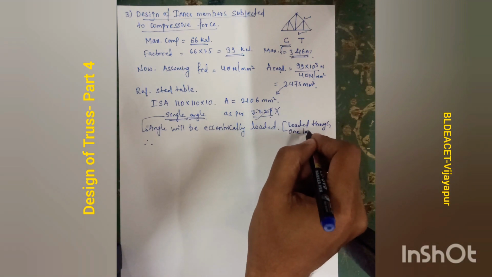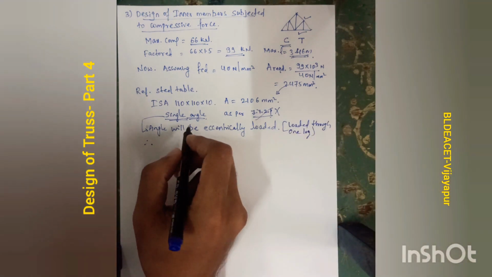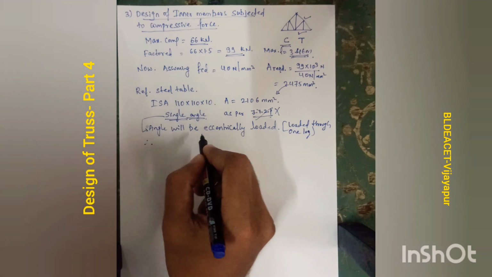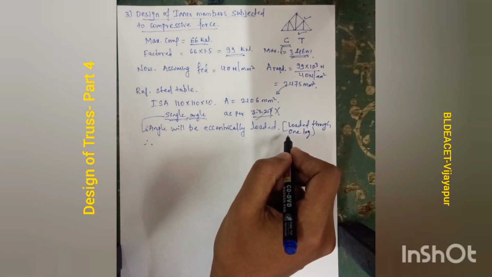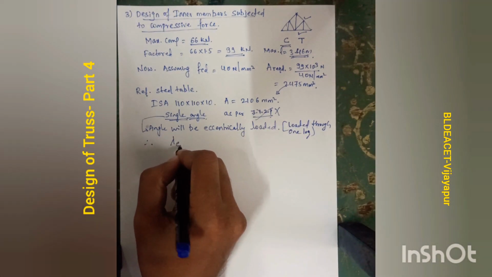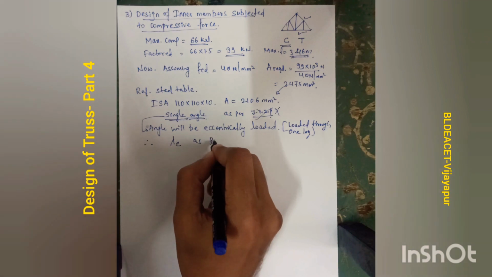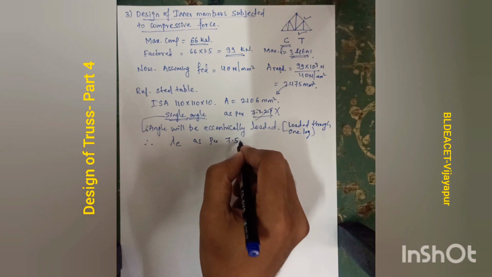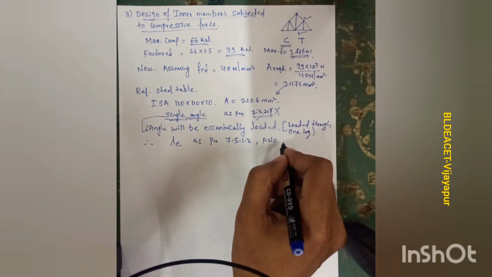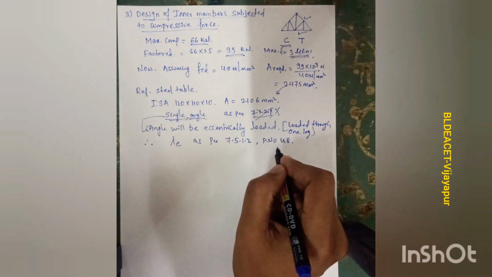In such cases, in case of single angle loaded through one leg, we have to calculate lambda E as per 7.5.1.2, page number 48.